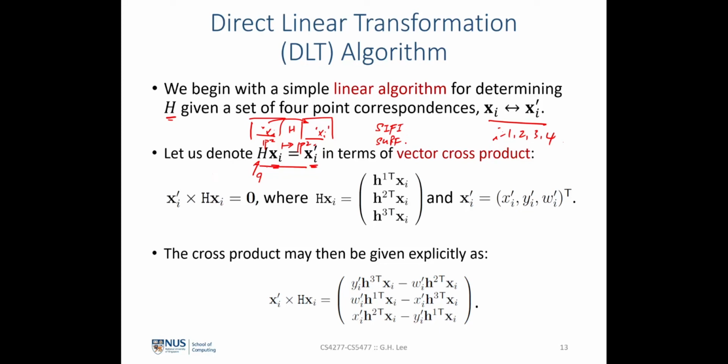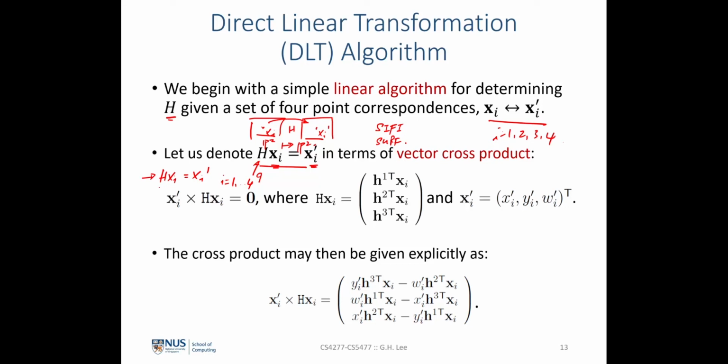Now the objective here is that, starting off from this equation, H xi equals xi prime, we have a set of unknowns in H and a set of known correspondences in x, where i equals 1, 2, 3, and 4. And we'll have 4 sets of these equations.